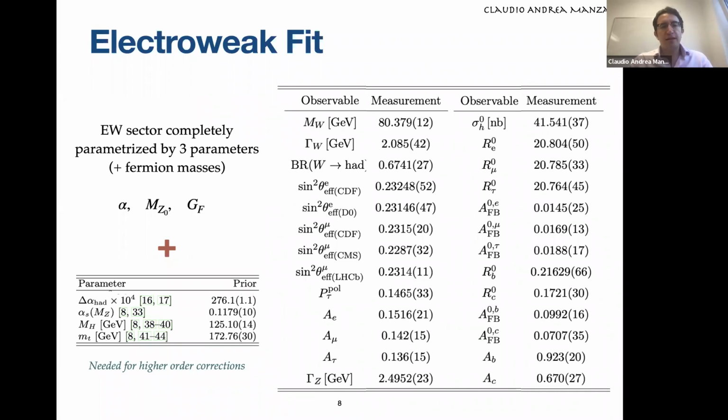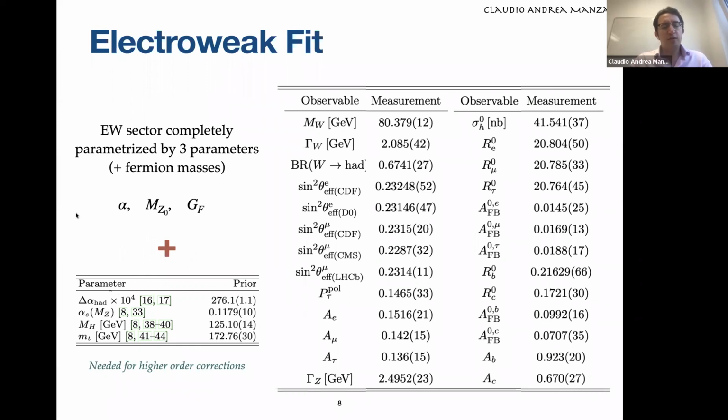Within the standard model, the Electroweak sector can be completely parameterized by 3 parameters, which in the following are chosen to be the fine structure constant, the mass of the Z boson, and the Fermi constant. And I'm just giving you these details because, as you will see in the following, we need to take all these observables into account when we study Z prime models.